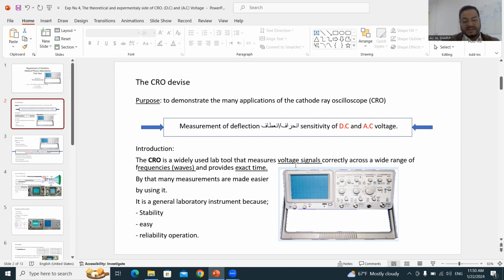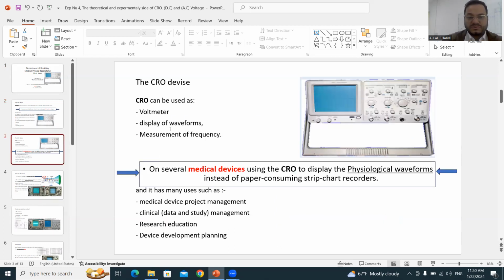That means this potential difference is not stable. It's the reverse with this device. The readings, the waveforms from this device will be stable, with one result.